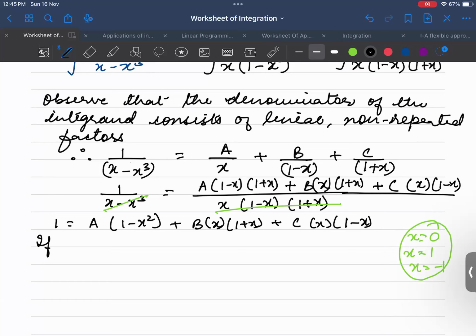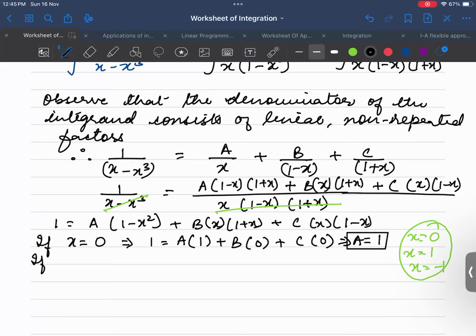If x equals 0, it would be 1 equals a into 1, plus b into 0, plus c into 0. We get a equals 1. We have calculated the value of a.